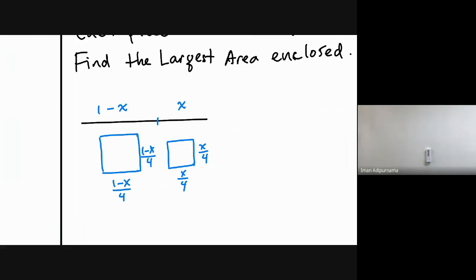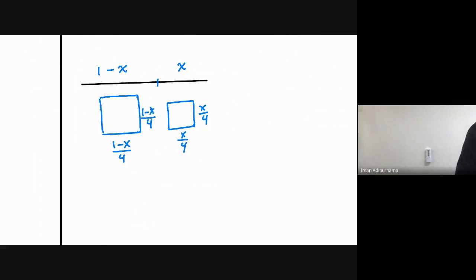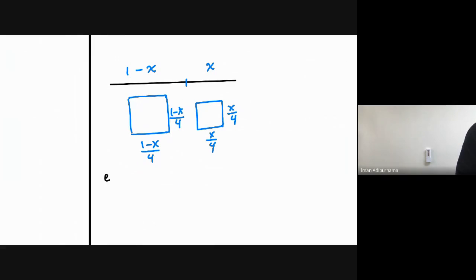So we draw the diagram, name the variables, and then write down the equations. So we get x over 4, divided by 4 and then squared, and then plus the other.